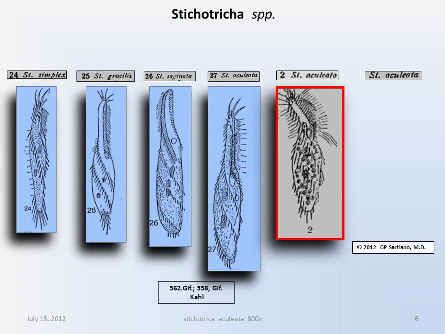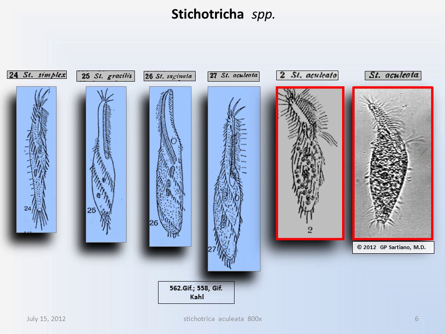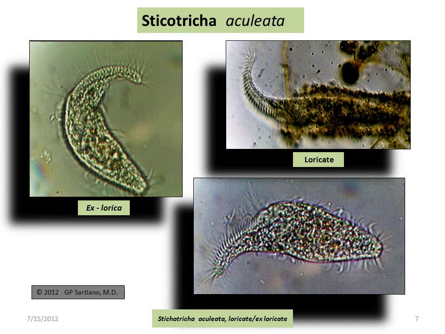The species of Stichotricha which fits best with the one in the photomicrographs and videos to follow appears to be Stichotricha aculeata. Stichotricha aculeata is a hypotrich ciliate which lives either in a free-swimming state or, more commonly, within a mucus tube or lorica of its own making.